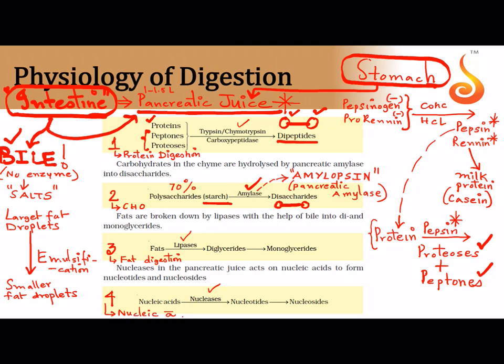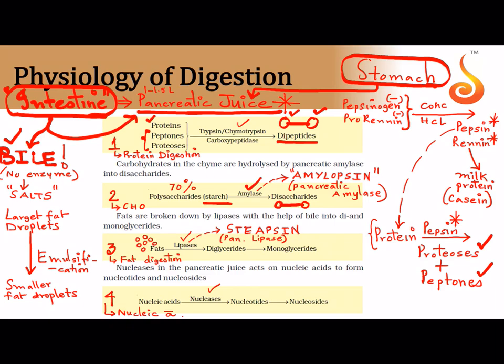Now, how does fat digestion happen with the help of pancreatic juice? Pancreatic juice contains an enzyme called pancreatic lipase. The name given to the pancreatic lipase is steapsin, and I'm going to call it pancreatic lipase. So what does pancreatic lipase do? It acts on the smaller fat droplets.